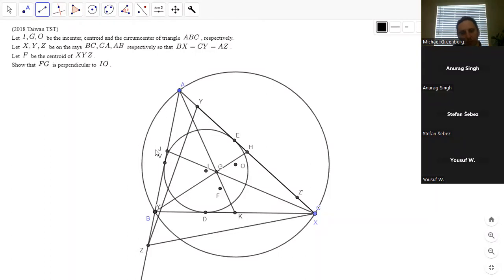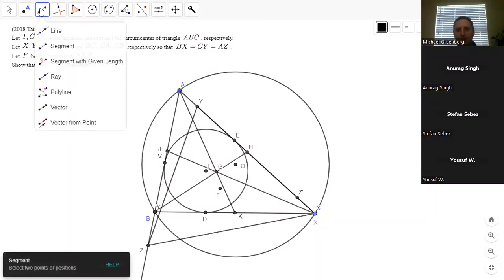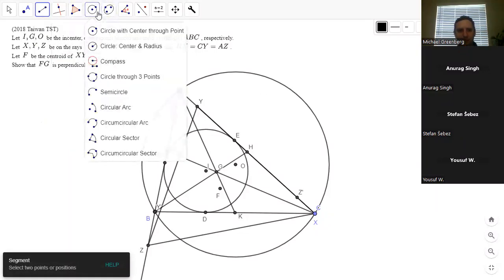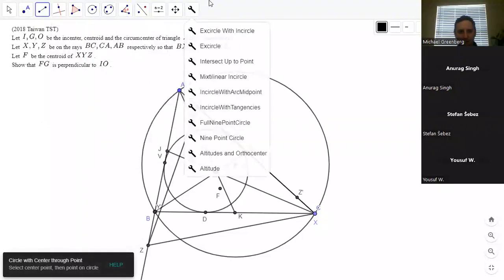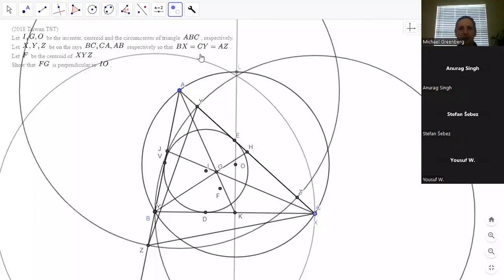I think I know what you're talking about. Yeah. If you took a point on AB such that the segment from B to that point is equal to BC, call it P or something, then PY should actually be perpendicular to OI. Using that problem on my channel?